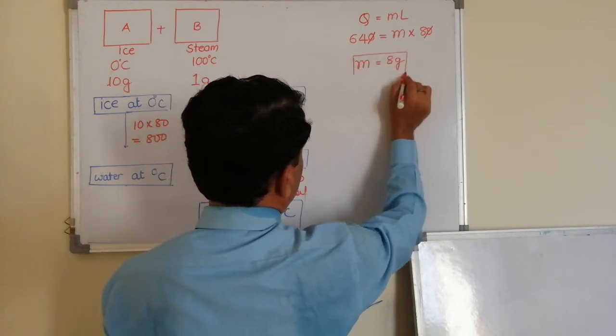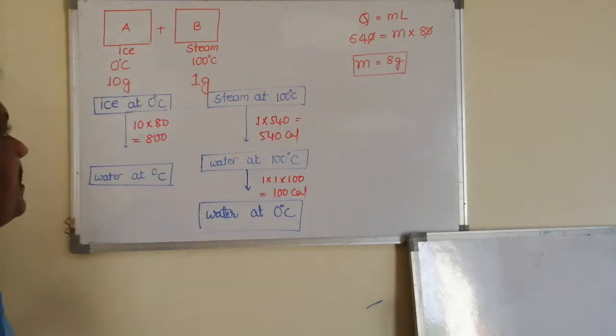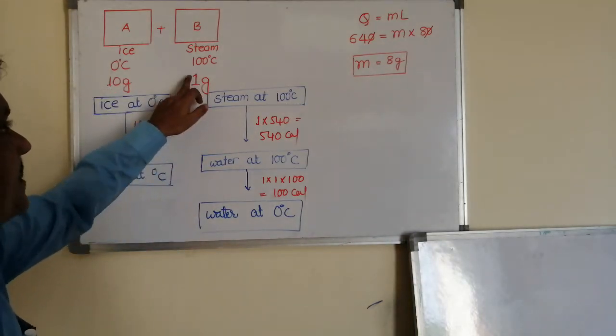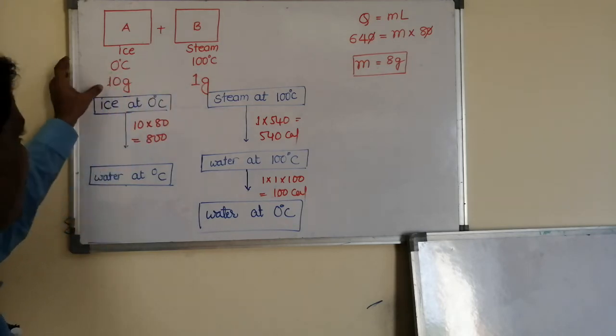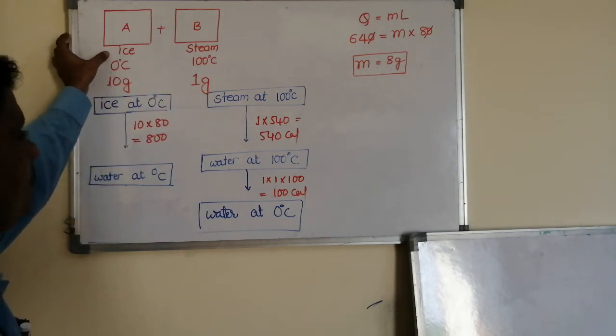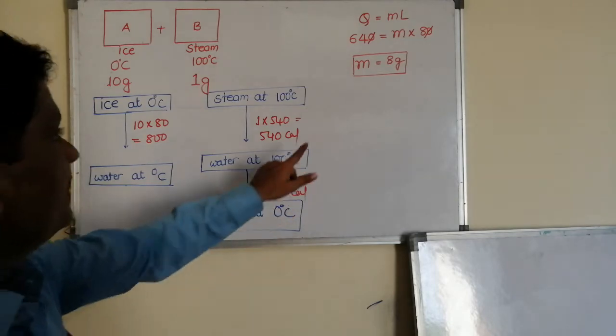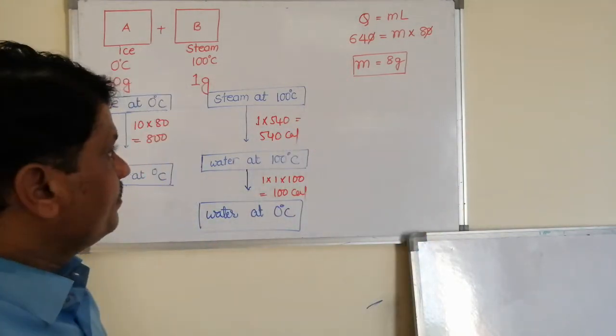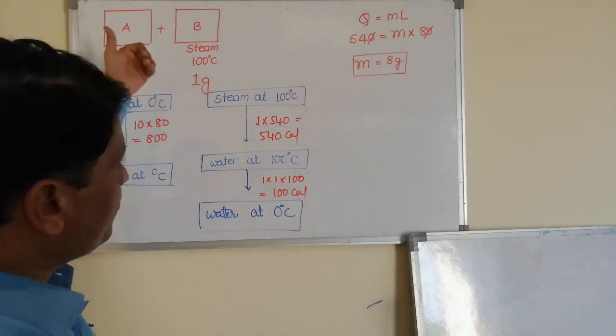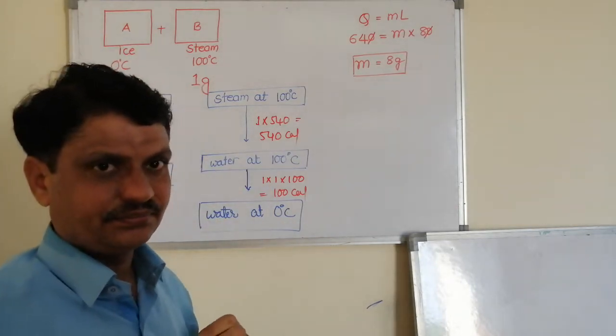So the answer is, when we pass 1 gram of steam at 100 degrees Celsius to 10 gram of ice at 0 degrees Celsius, then 8 gram of ice gets melted. Means 2 gram of ice remains as it is.